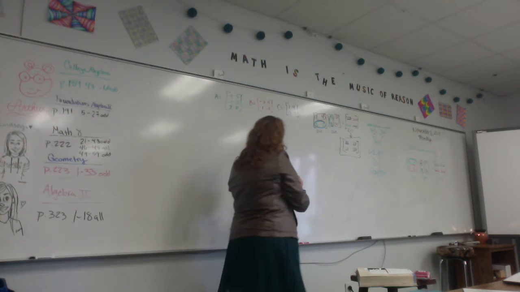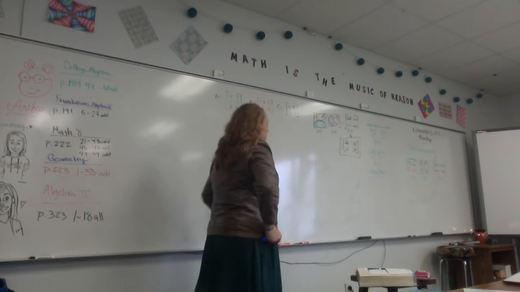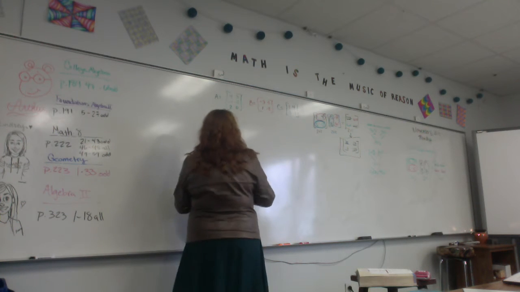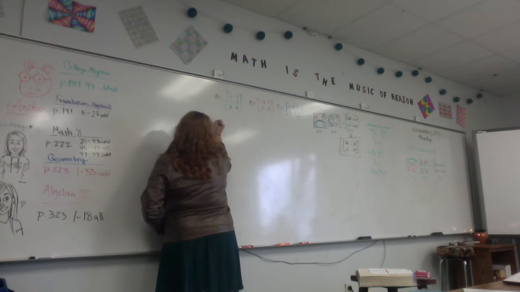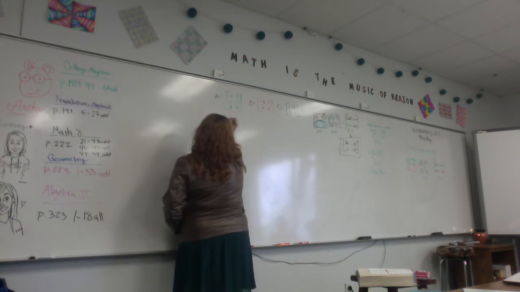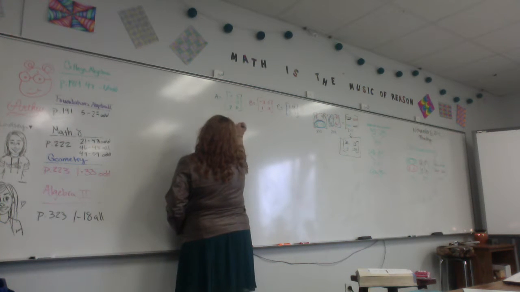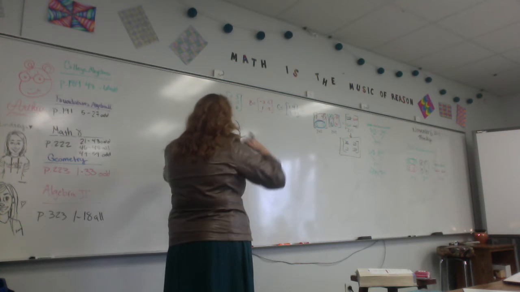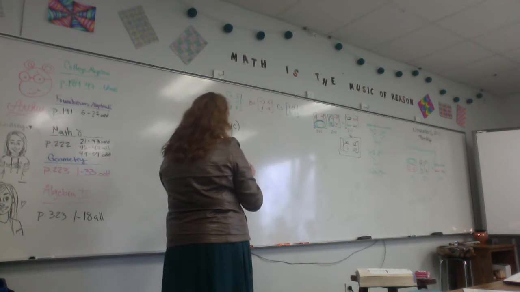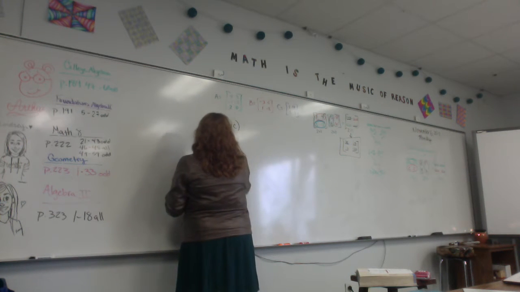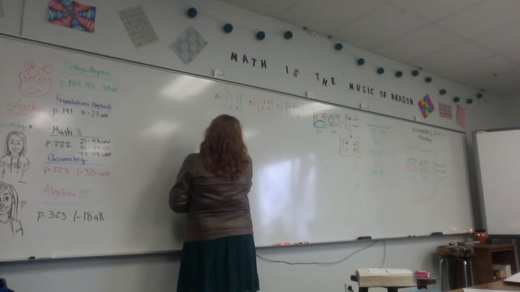Okay. There are 3 matrices. For part A, for the first problem, we want to do A times (B plus C). Okay? So first, we need to set this up. A is 4, -1, 2, 3, -2, 0.